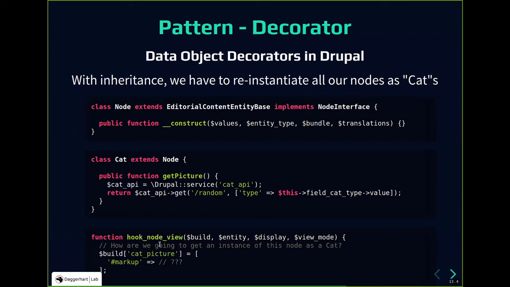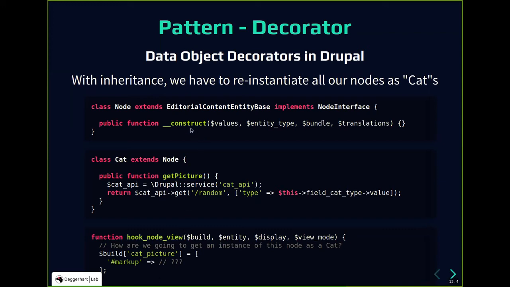And so we don't want to just do another node load or a cat load and load it fresh from the database, because what we really need to deal with is this instance of the entity, the one that may have been modified. So what we'd have to do is use this instance to construct a new cat.